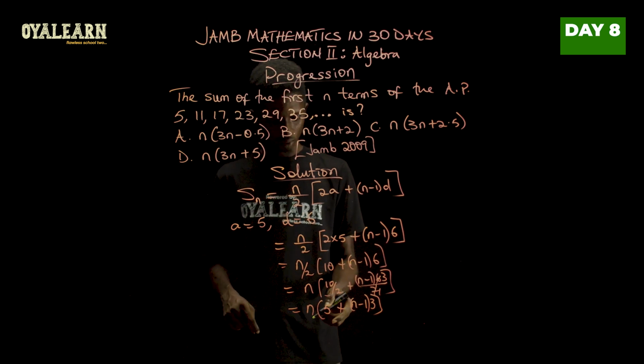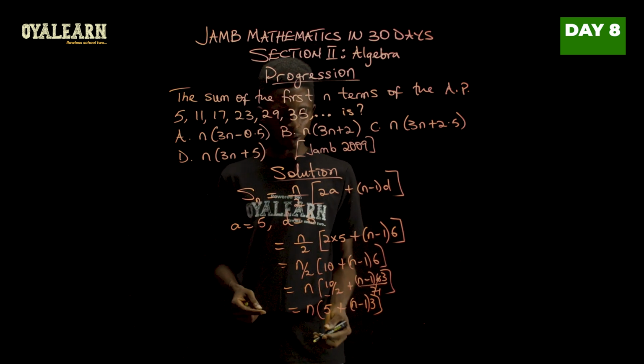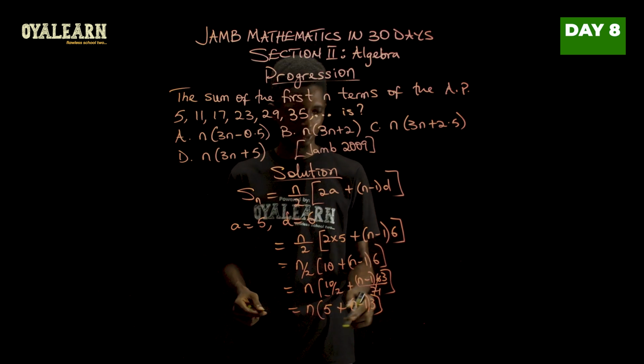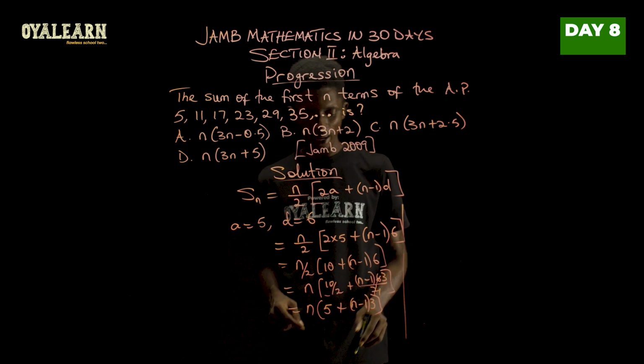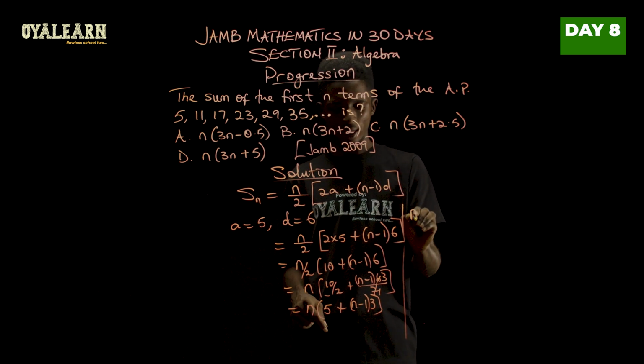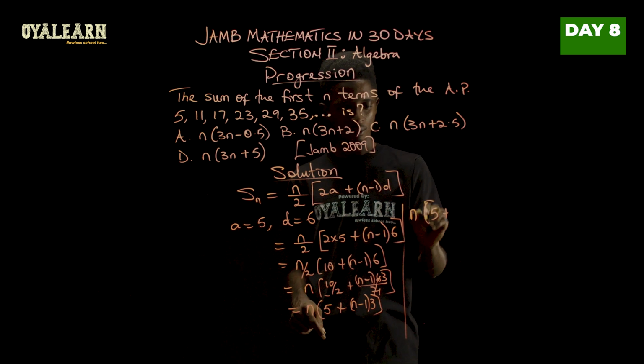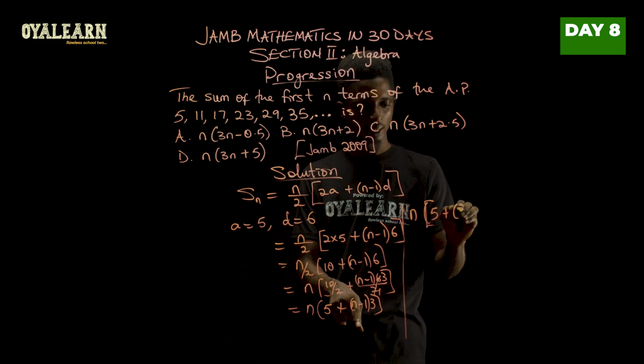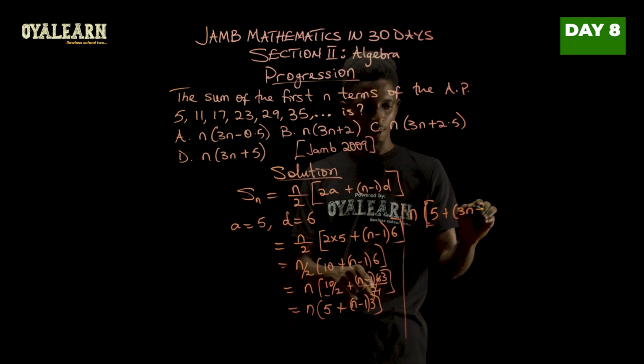Now, there seems to be nothing in common here, so we just have to expand this part. So when we expand, we would have n into 5 plus 3n minus 3.